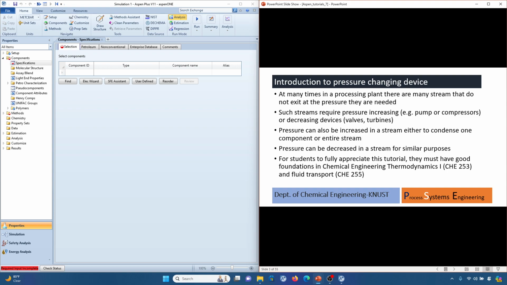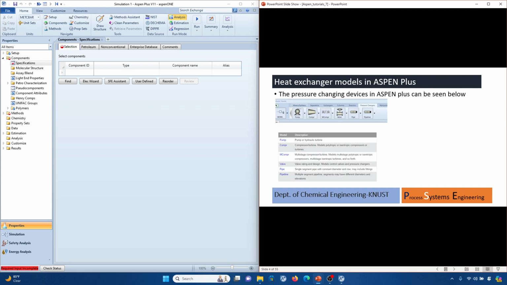So there are a few of these. We have pumps, which are mostly for liquids. Compressors are usually used for vapor phase compression. There are valves and piping systems, where we tend to lose some of our pressure due to friction. We have turbines as well that decrease the pressure.